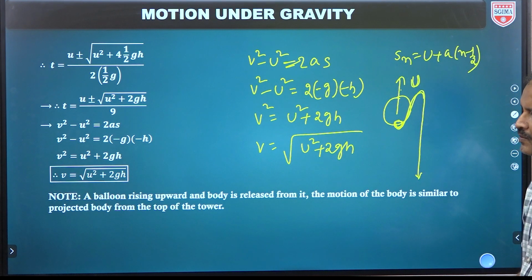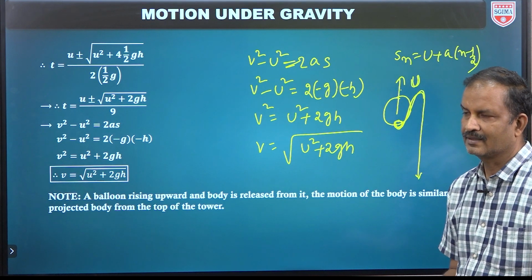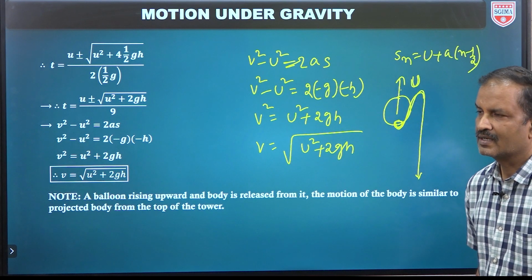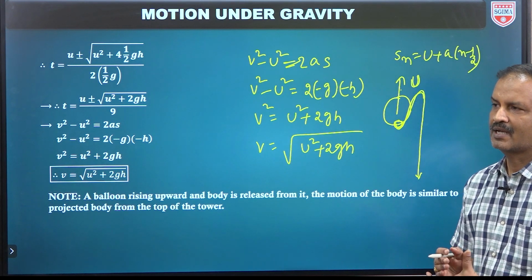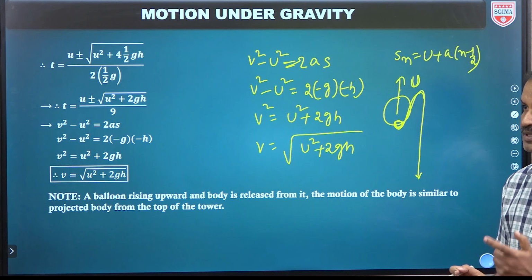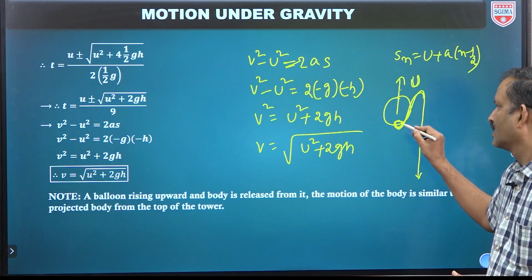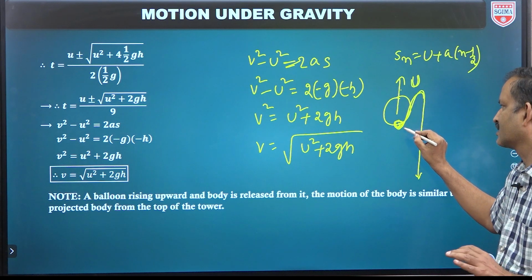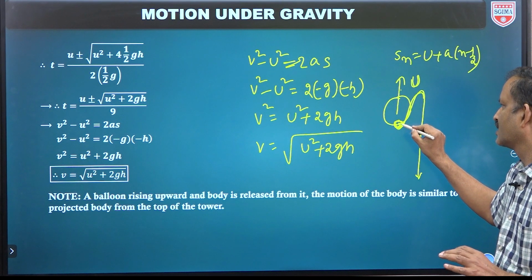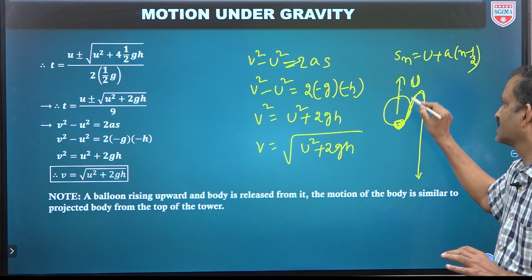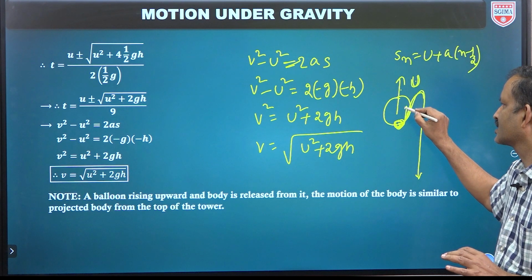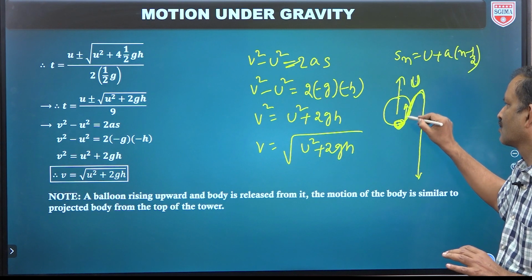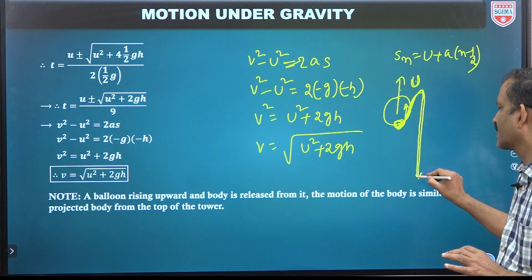For example, if you come out from a train, then you will travel in the direction of the train for some time due to inertia. Same thing here also. This ball will not immediately fall down, just released. Its initial velocity is the velocity of the balloon, that is in the upward direction. So it will go upward and after that it returns back.